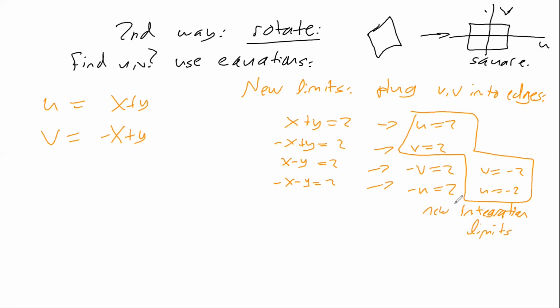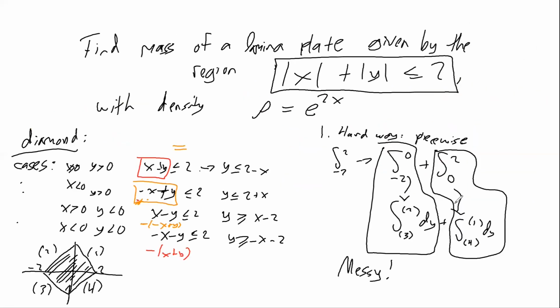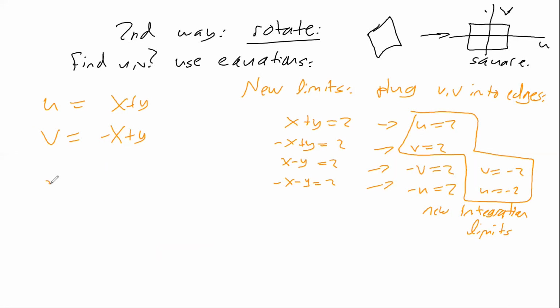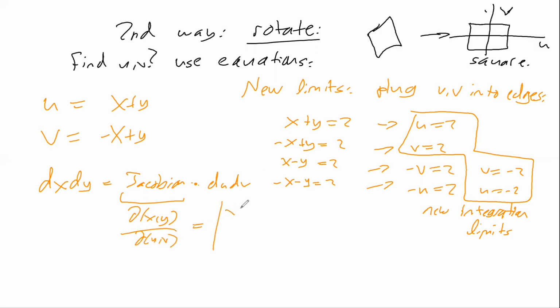Okay, and the final thing we'll need is that Jacobian. This will allow us to integrate in u and v. So the Jacobian, of course, we write that shorthand notation. We know there's just a determinant.